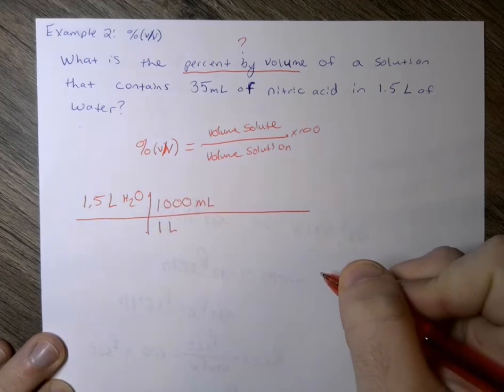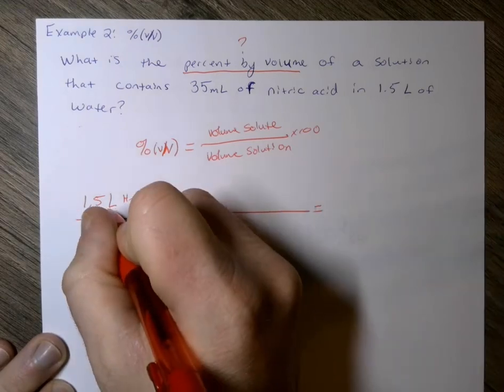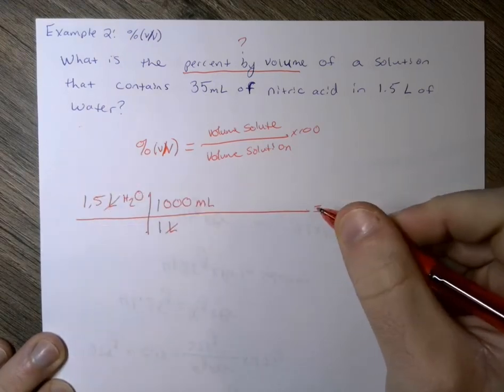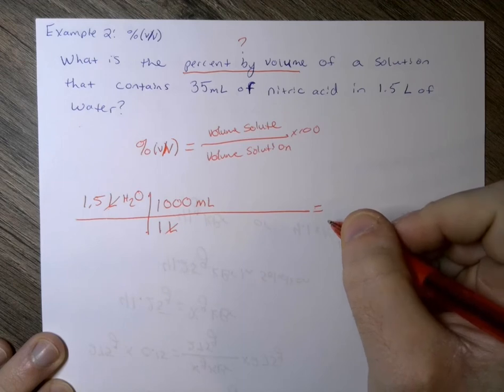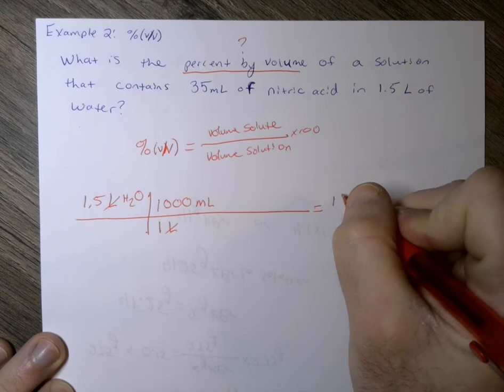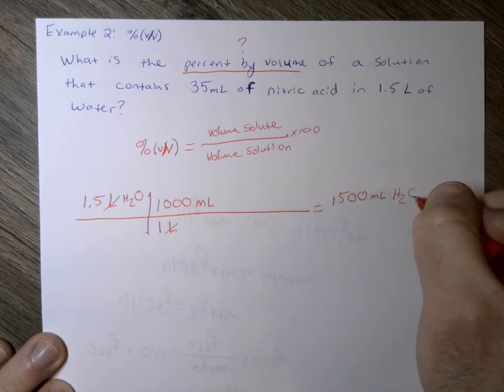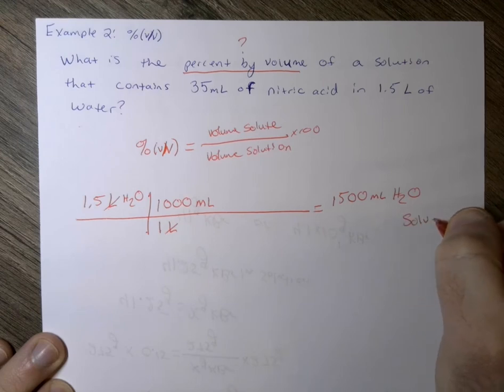So I take this number and I multiply it by 1,000 to get what I need. So 1.5 times 1,000 means I'm going to move my decimal over to the right 3 spots. So I have 1,500 milliliters of H2O. This is my solvent.